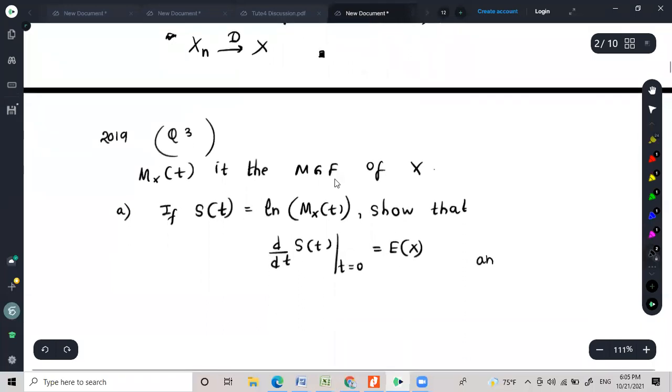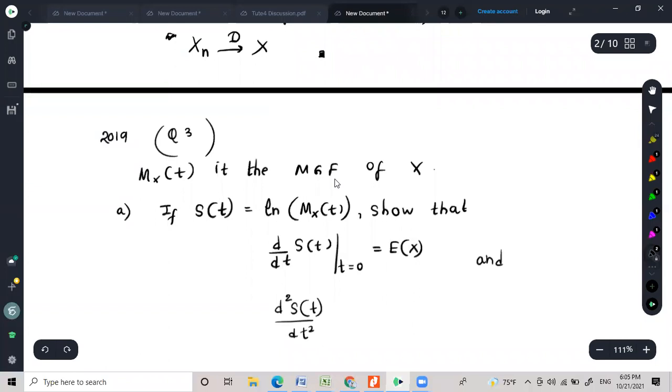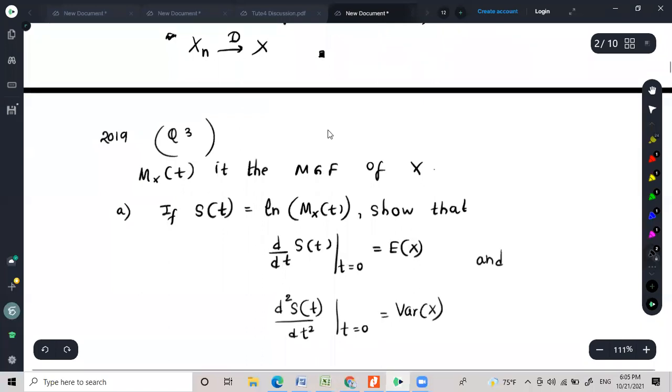And the next thing you have to show is the second derivative of S(t) at t equals 0 is the variance of X. Okay, so you have to show these two quantities.